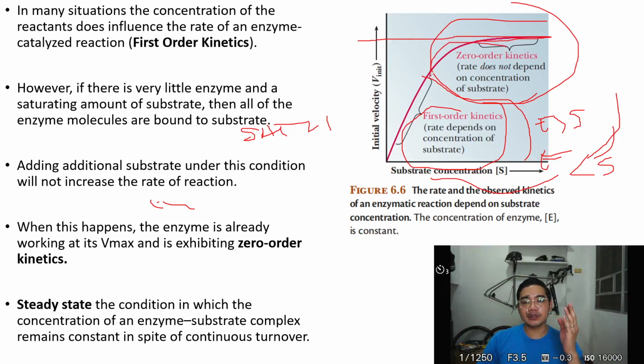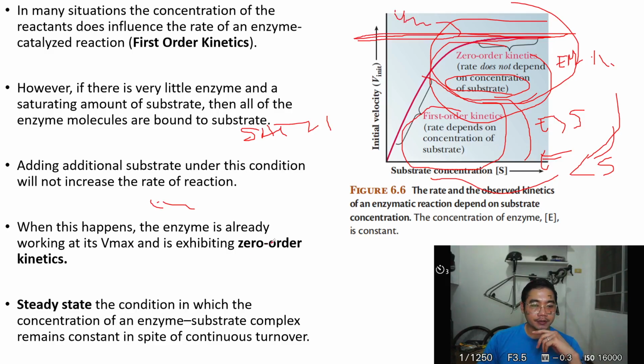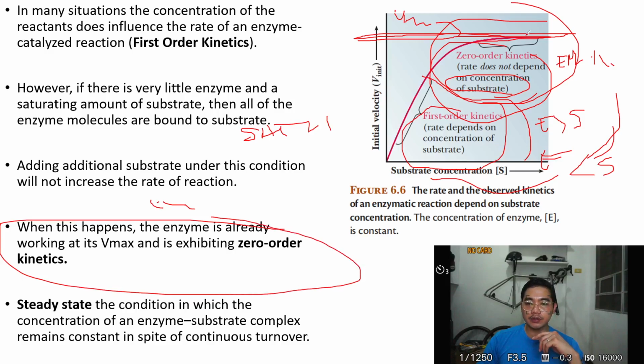So remember, your zero order kinetics is not dependent on the concentration of substrate. It is dependent on the enzyme concentration. Okay? And this maximum velocity based on your enzymes is what we call your Vmax, velocity max. So if it has already reached its Vmax, it is now your zero order kinetics.